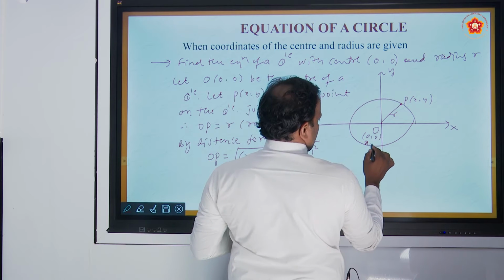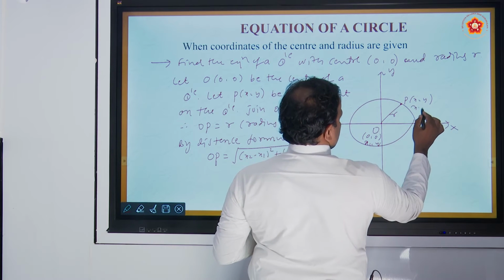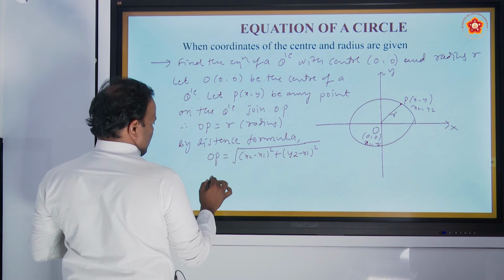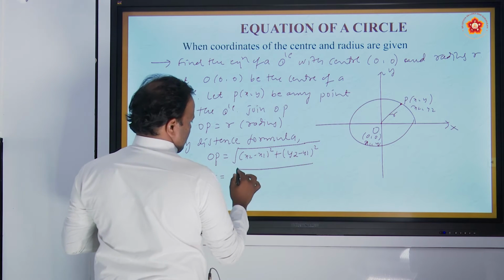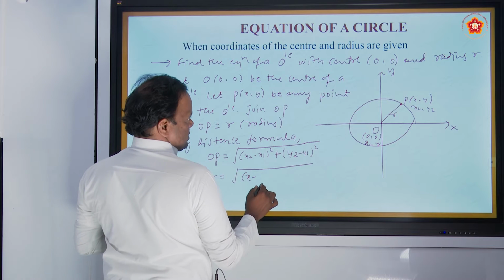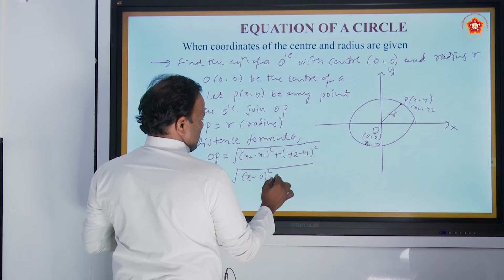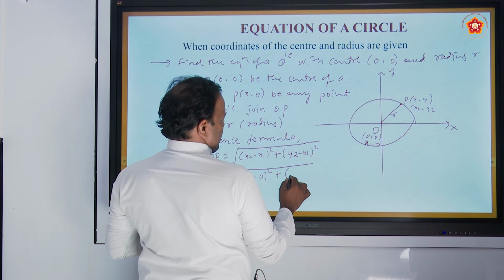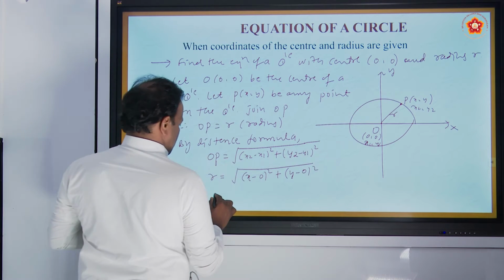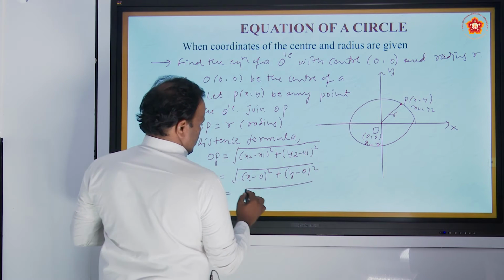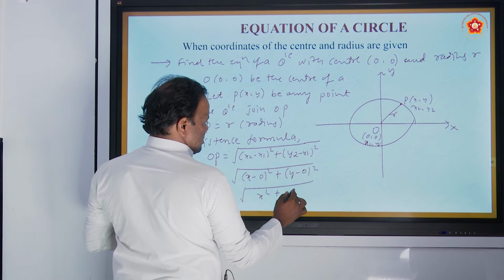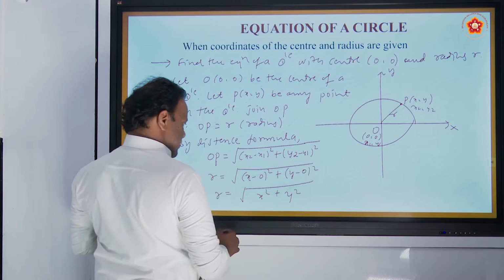OP x1 y1, this is x2 y2. Here r is equal to square root of x2 minus x1, x2 is nothing but x, x1 is nothing but 0, whole square, plus y2 is nothing but y, y1 is nothing but 0, whole square. So r is equal to square root of x minus 0 is x square plus y minus 0 is y square.